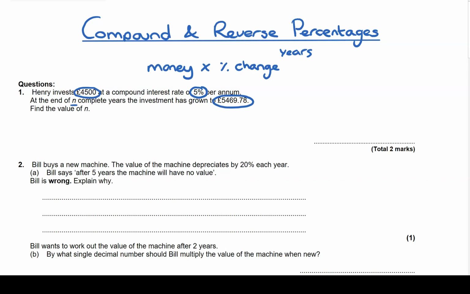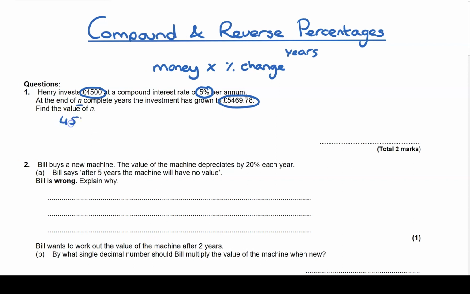Okay, so I've got 4,500 times 5% interest rate is 1.05 to the power of something is 5469.78.